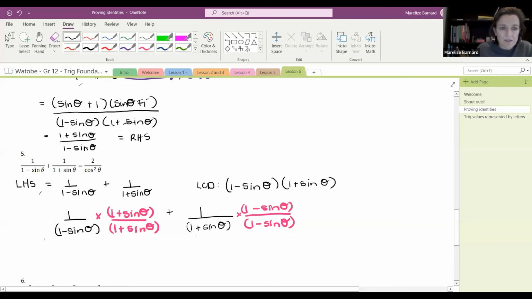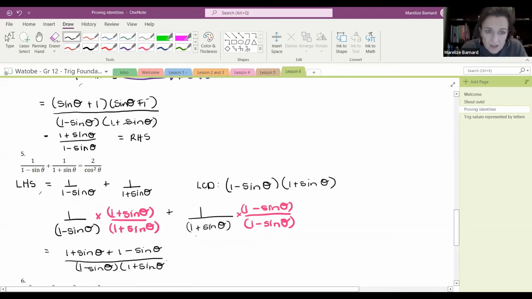Okay, that leaves us with 1 plus sine theta plus 1 minus sine theta over 1 minus sine theta, 1 plus sine theta. Okay.